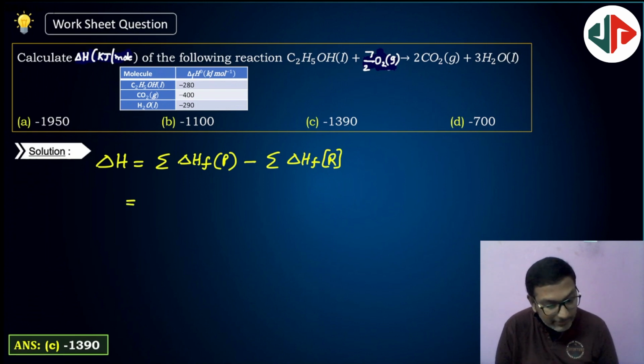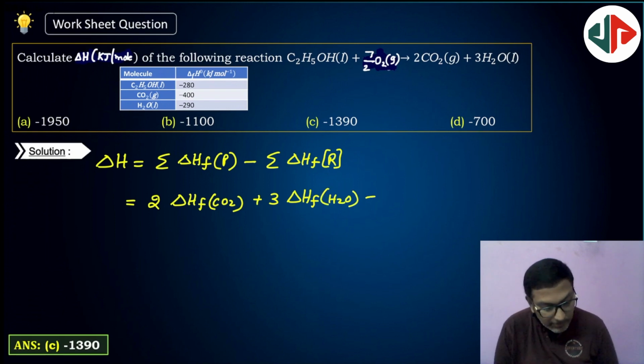So here the products are 2 into delta H formation of CO2 plus 3 into delta H formation of H2O, minus of delta H formation of C2H5OH plus 7 by 2 into delta H formation of O2.